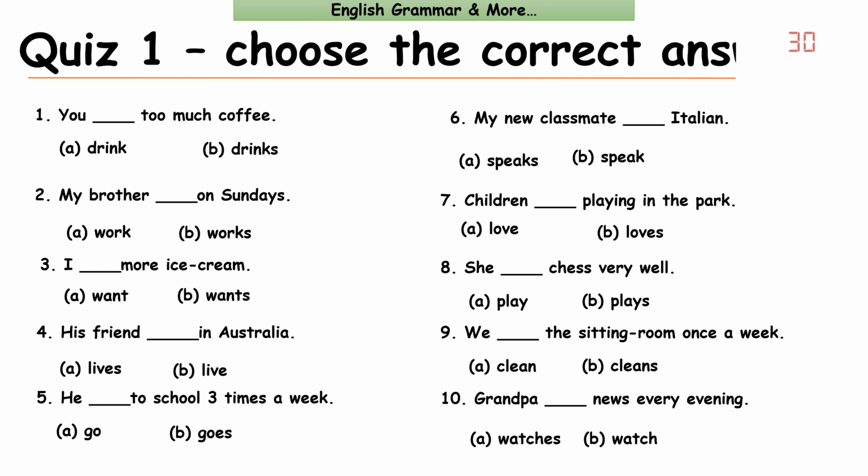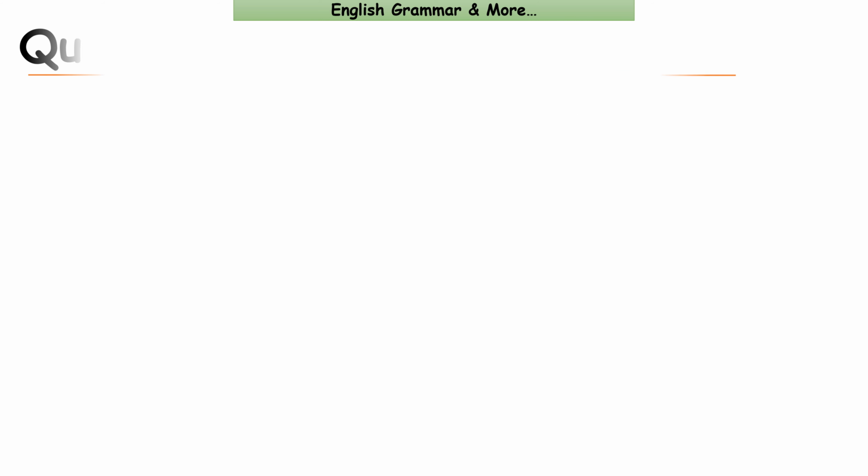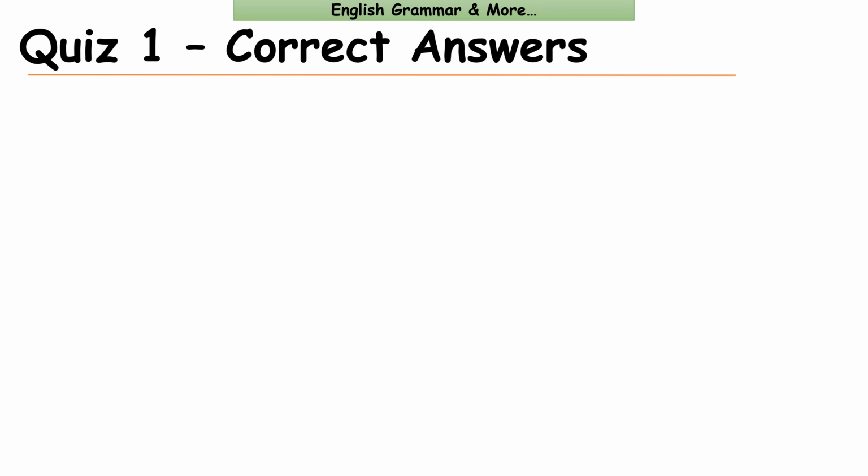You have 30 seconds to complete the test, and after 30 seconds, I'll show the correct answers so that you can cross-check. Alright, time is up. Now let's see the correct answers for quiz 1.